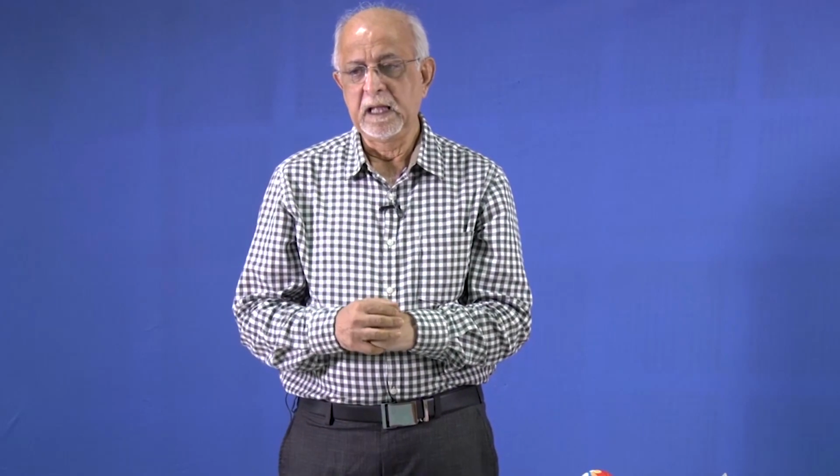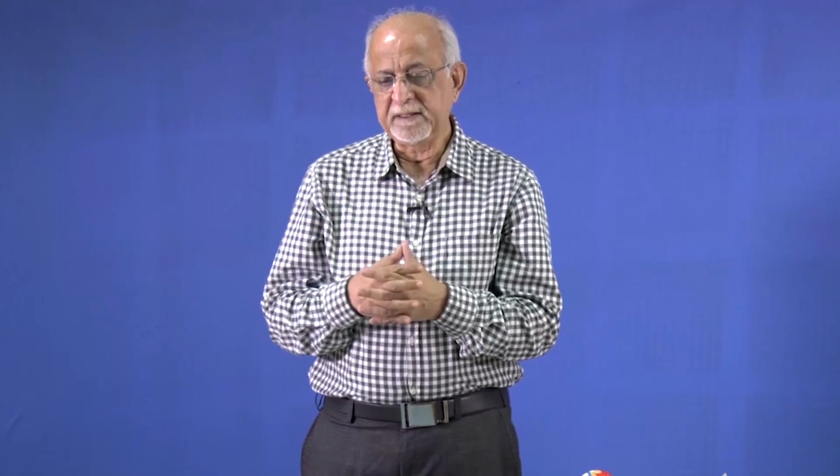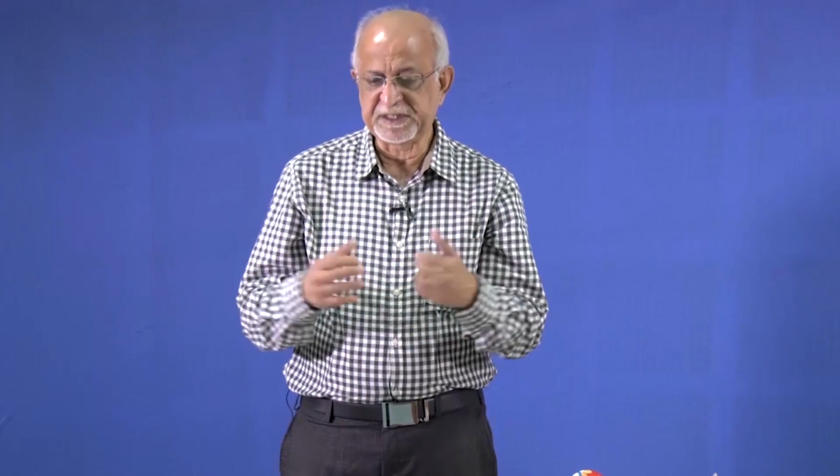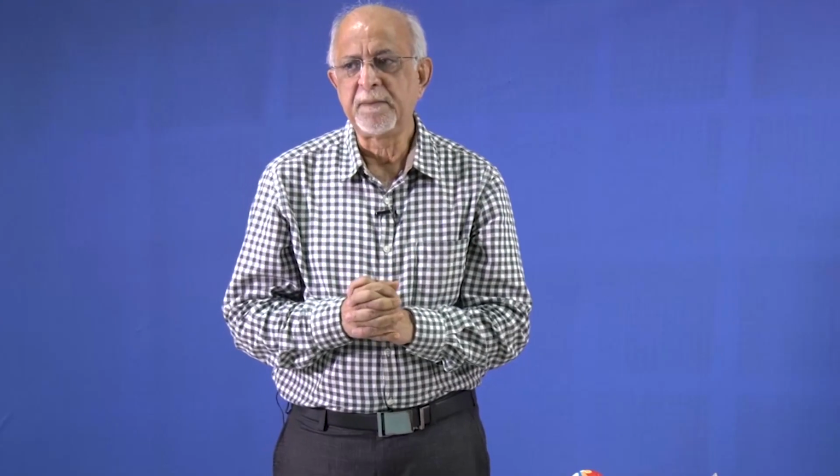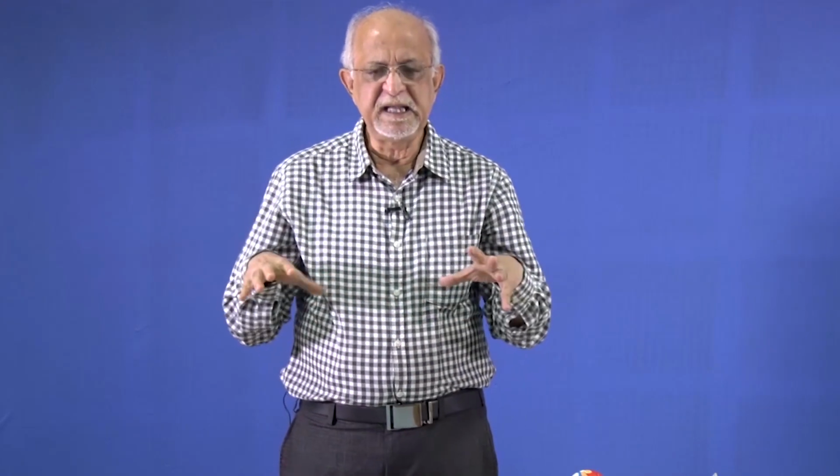So, we must understand that when we are looking at a body which is stationary, there may be a number of forces acting on this body, but ultimately all these forces are balanced and they are balancing each other.